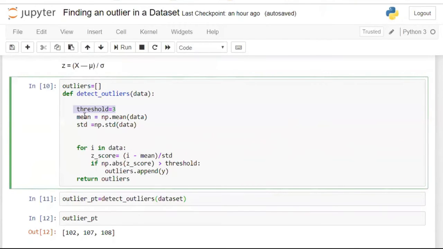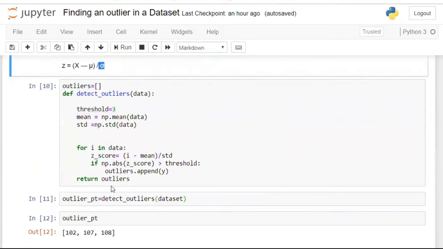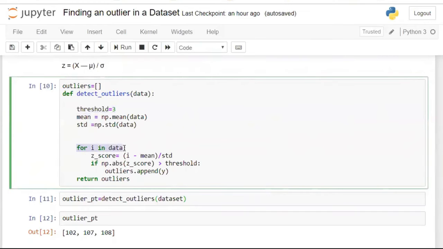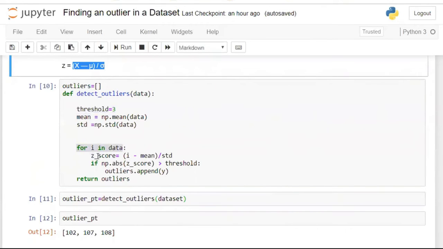So first I'm going to compute the mean and standard deviation, because I need them based on this formula. Then I'm going to put a for loop over my data set. For each and every value, I'm going to apply this formula and find the Z-score.